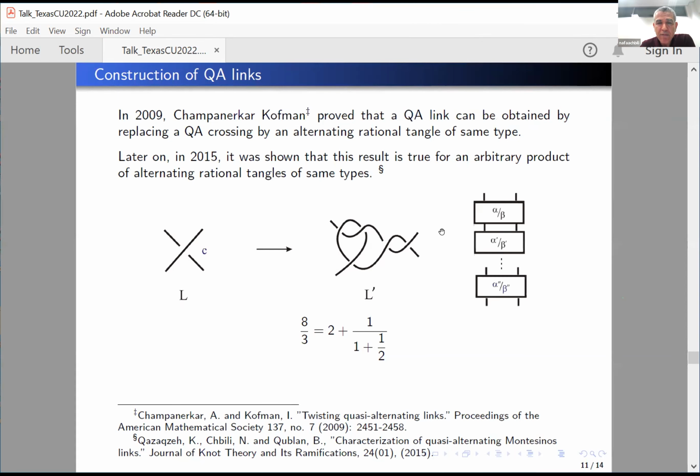And then we have been able to generalize this to not only a rational tangle like that, but we can put a product of tangles. So instead of one tangle, we can do the same thing, and we can obtain more complicated knots using this technique.